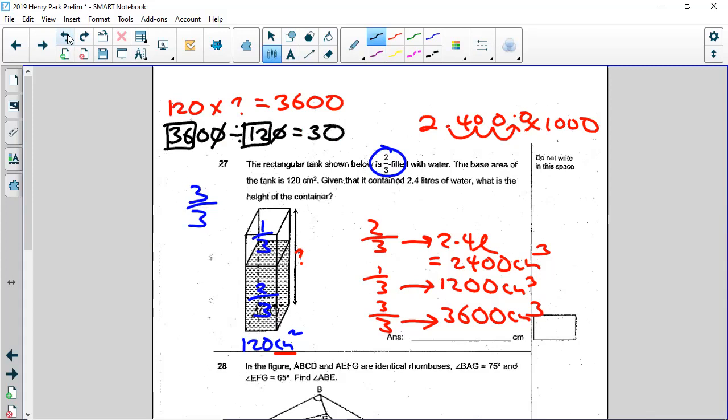So what is the height of the container? It is 30 cm. Do you understand? There's a lot of things that you have to apply. What you learn in school, you have to apply, like how to multiply numbers with zeros, how to divide numbers with zeros. All this will come out in your paper 1.